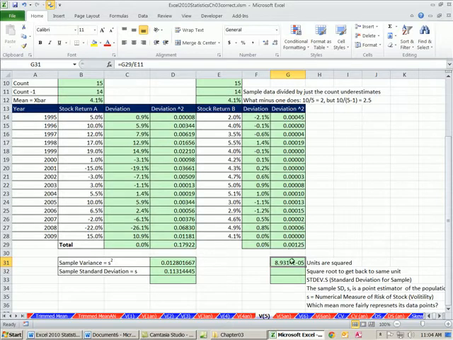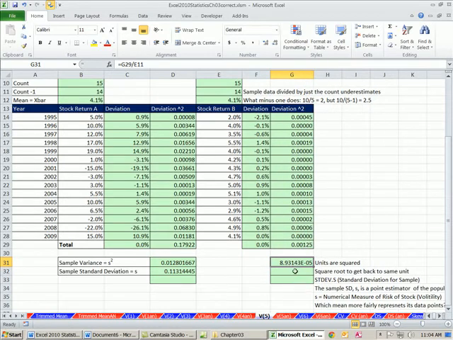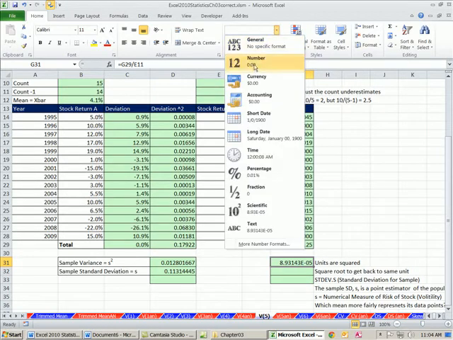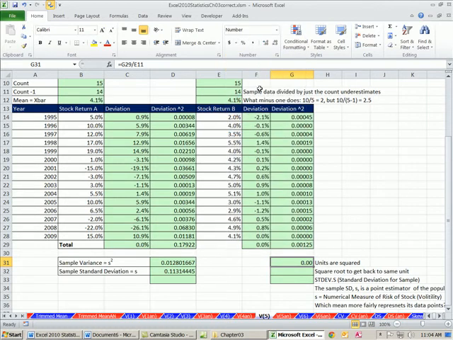Now, this is in scientific notation here. We can Control 1 to format the cells or go up. Actually, we could go up here to number, but that's not going to do me much good. So I'm going to use either this dialog launcher or Control 1.